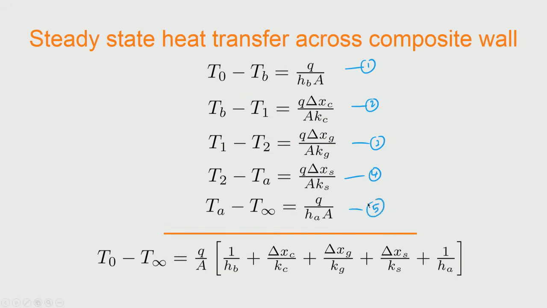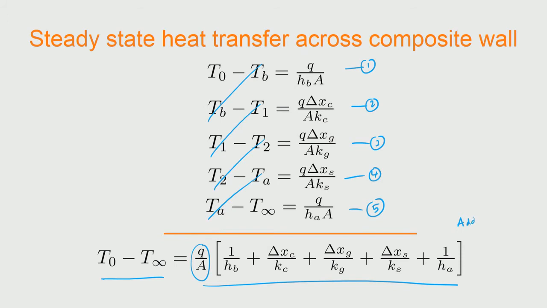So, you write expressions for all the 5 locations across which the heat flux is being written, and once you write, you can then see that when you add, these will get cancelled, and you can write T naught minus T infinity is equal to this expression in which we have taken Q by A as common out, and we can see that 1 by Hb plus delta Xc by Kc, etc. So, we have essentially seen that when you do this addition, we are actually adding the thermal resistances.